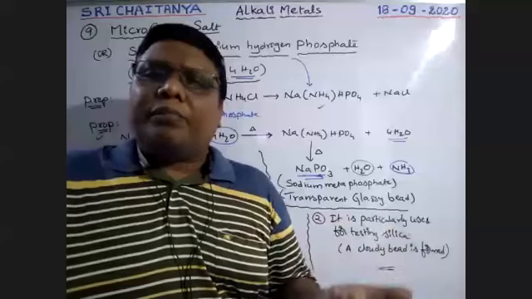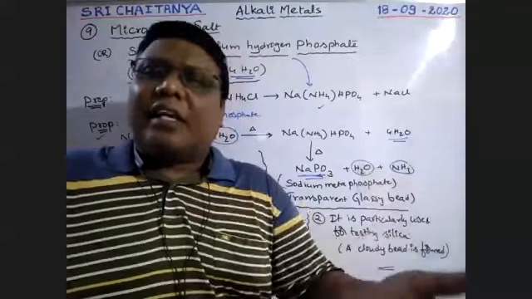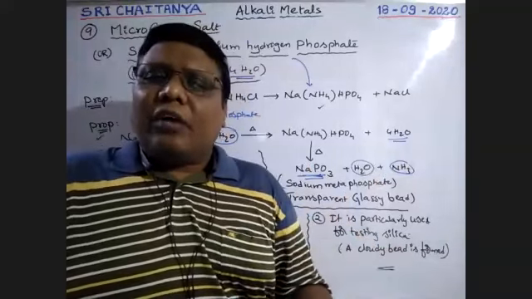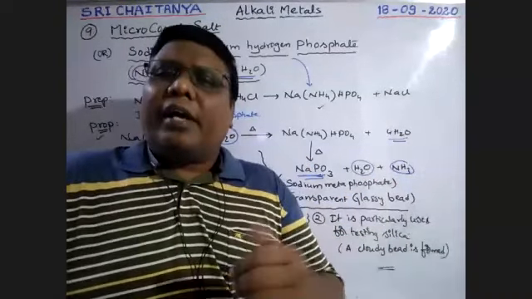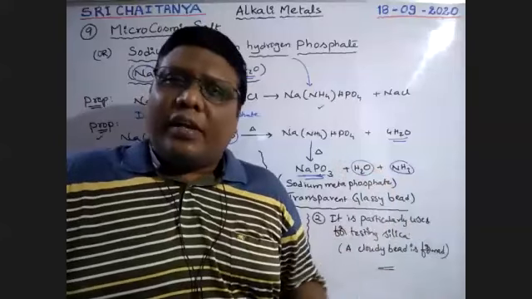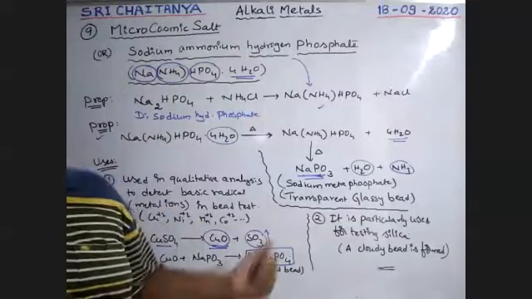Manganese gives another color, nickel gives another color. Depending on the color of the bead obtained, we can conclude that the salt has that particular ion. It is a test used in qualitative analysis. So that is an important test.